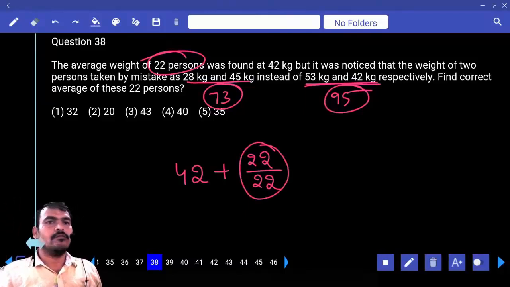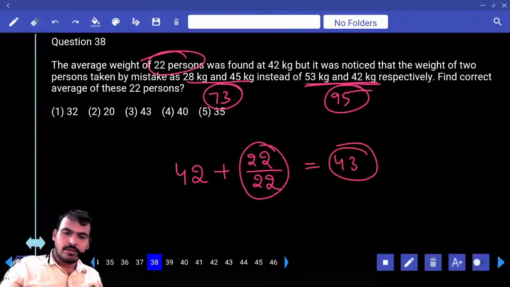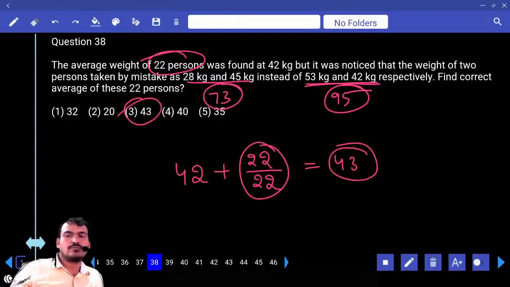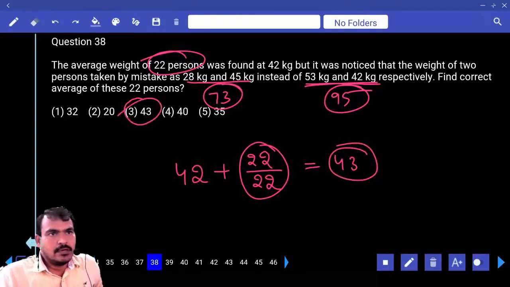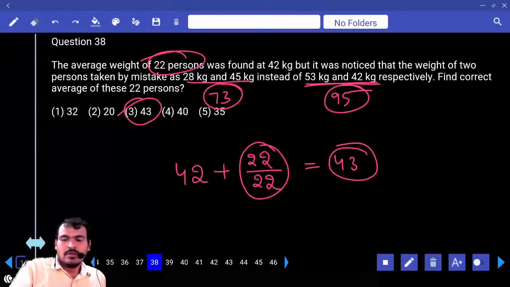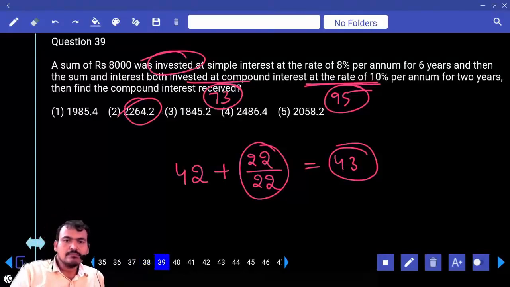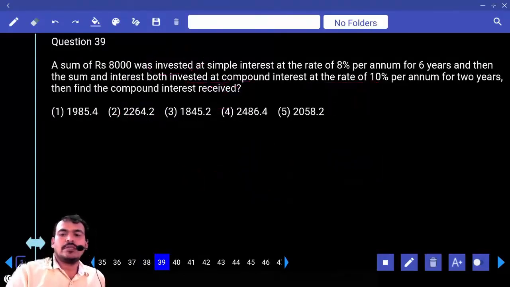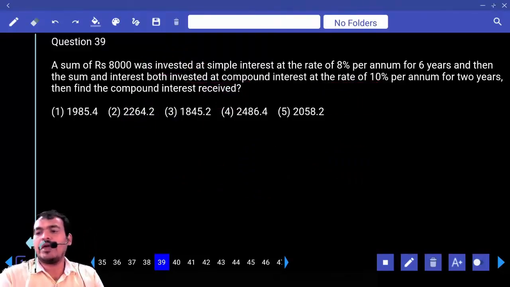The old average is 42 plus the increase of 1, which gives 43. That is the third option. The new average is the old average plus the increased value.